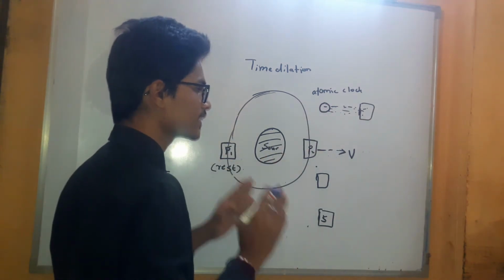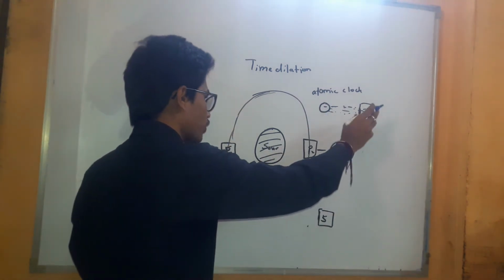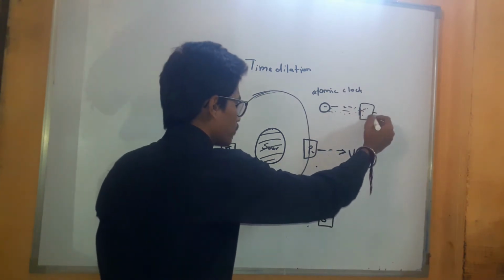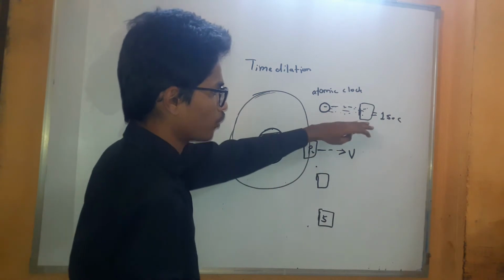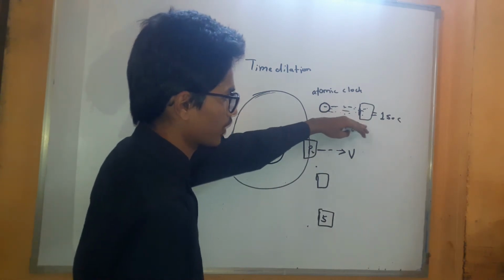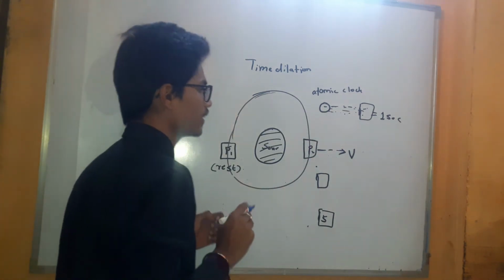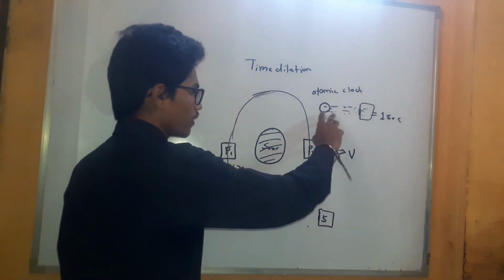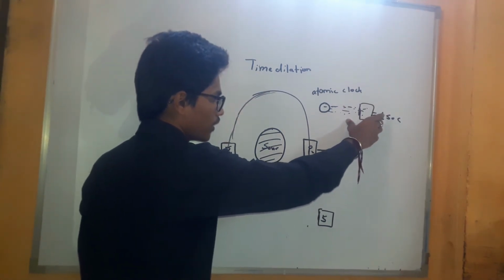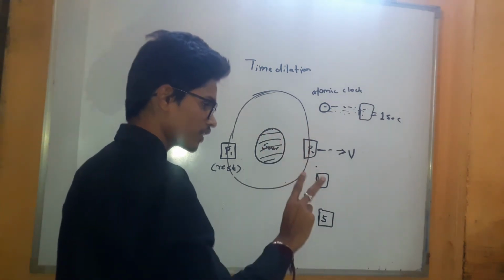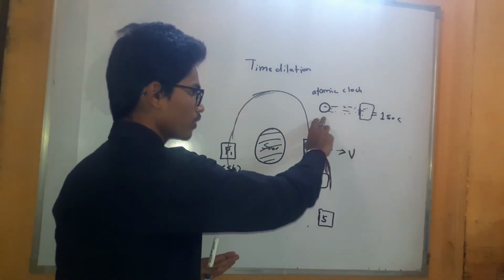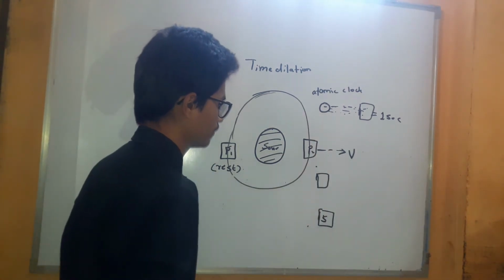After two successive reflections from the atomic clock, the atomic clock registers 1 second. This is how the atomic clock works in our thought experiment, after two successive reflections of the rays from the source to the atomic clock.